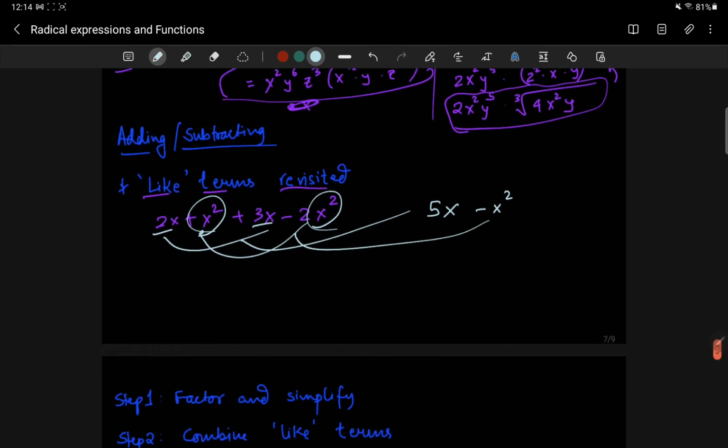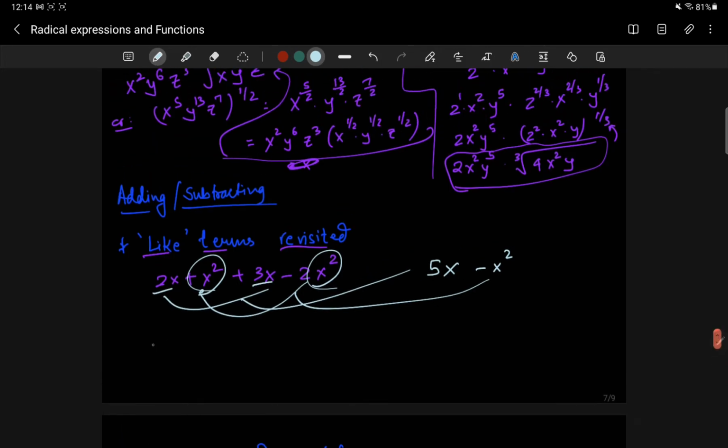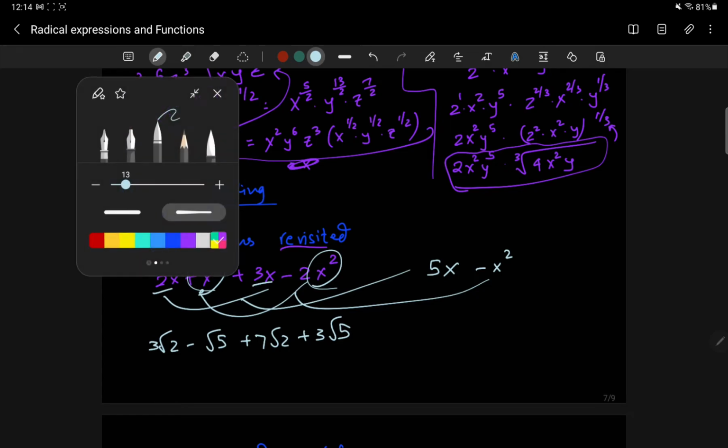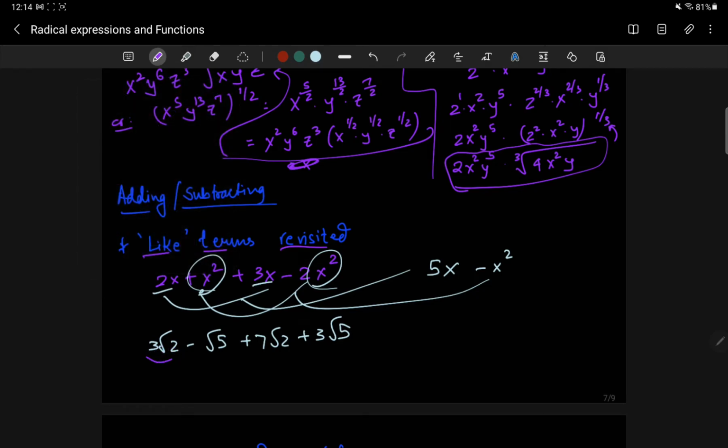It's going to be the exact same here. For example, if I have 3 root 2 minus root 5 plus 7 root 2 plus 3 root 5, in this case the like terms are the ones which have root 2. So these are like terms. And the other like terms are the root 5 ones.